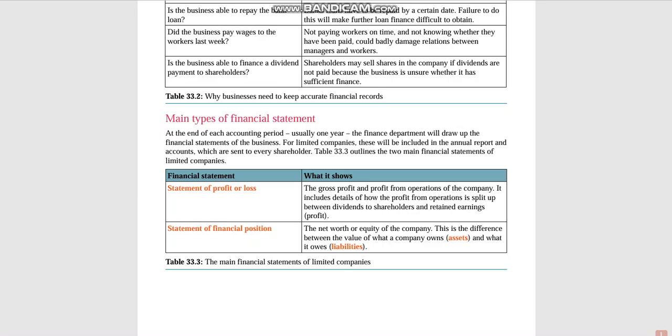Statement of financial position is practically the net worth or the liabilities of the company, like my assets and the liabilities I owe, like the loans I have to pay back, and the assets are maybe the table I'm sitting on, the chair I have, the house, the buildings that I own, and everything that the company owns. Liabilities are what the company owes. There's two types of liabilities, which we will discuss further on in the chapter.